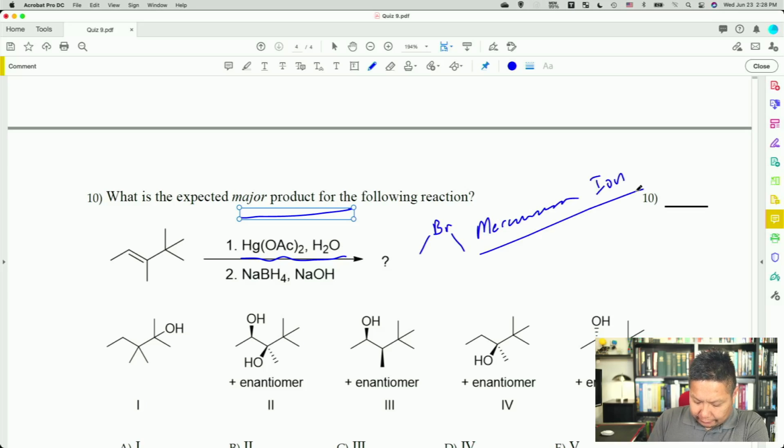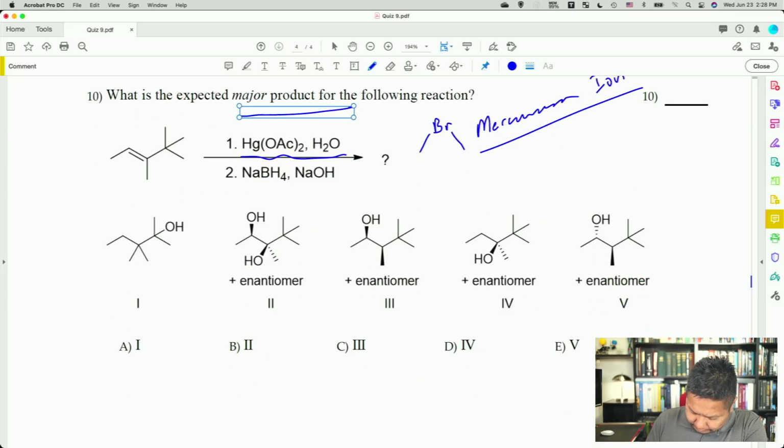The purpose of that was so that you don't get any carbocation rearrangements, so you get the structure you want. The only one that actually makes sense would be this one right here, structure 4.